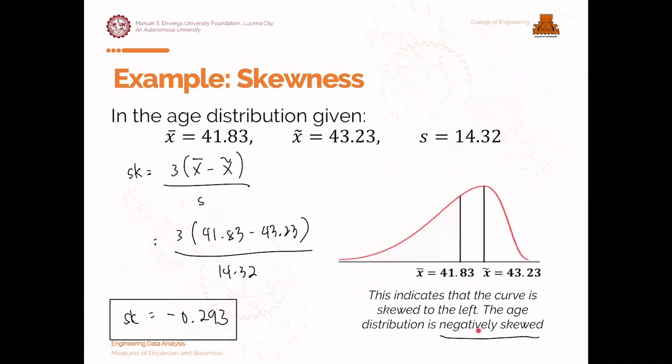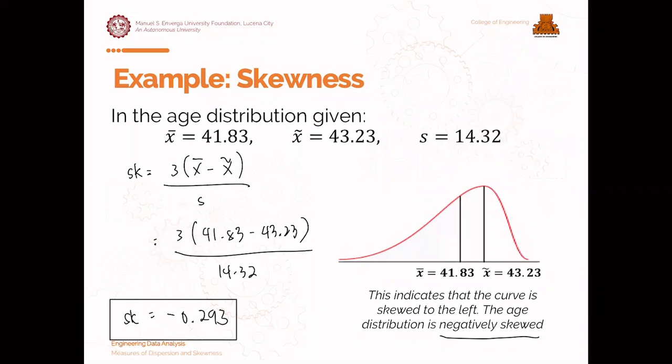So hindi ko lang inalis para alam niyo yung itsura nung diagram natin ng negatively skewed or skewed to the left, no? Okay? Question? Dito sa first example for skewness. Okay? Malinaw naman.